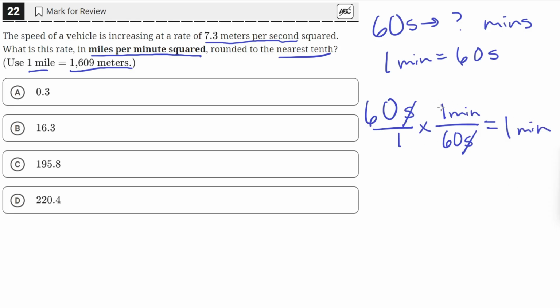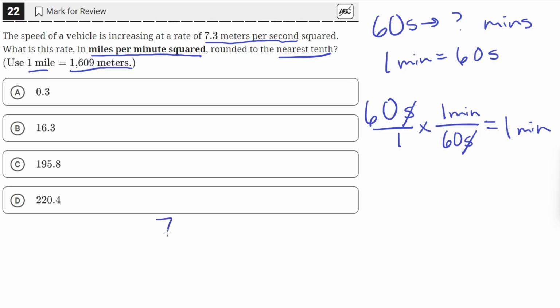This dimensional analysis is just a simpler way of converting more complicated units. Normally, you wouldn't do it like this because you're just directly converting from seconds to minutes. The conversion is pretty simple. But if you're doing multiple conversions, like from meters to miles and from seconds to minutes, then it's helpful to use dimensional analysis. So let's do it down here.